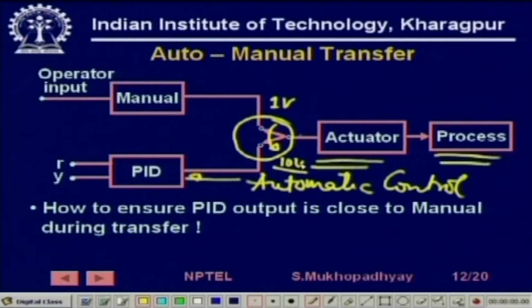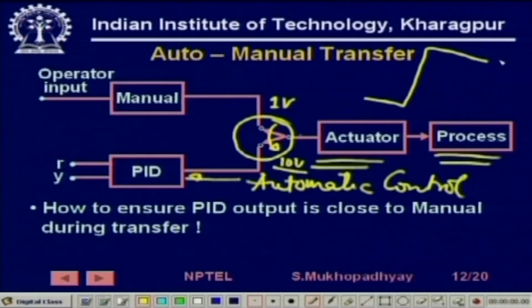So, now what will happen? Previously the actuator was getting an input of 1 volt. Now, from 1 volt suddenly a 10 volt output will go to the actuator. So, the actuator, if it is a motor or if it is a valve, it might get a shock. Similarly, the process also will tend to get very high inputs.